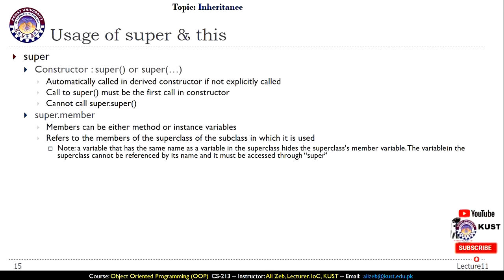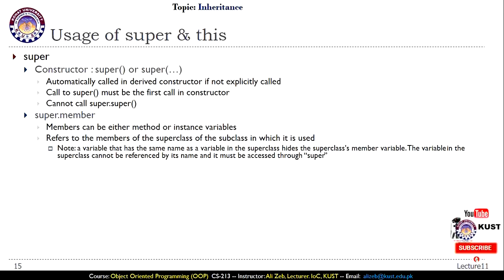We should note that a variable that has the same name as a variable in the superclass hides the superclass's member variable. So for example, we have two methods with exactly the same name in the superclass and the subclass, and if we use that name, it will call the subclass's method, and the superclass's method will be hidden under the name of the subclass method.